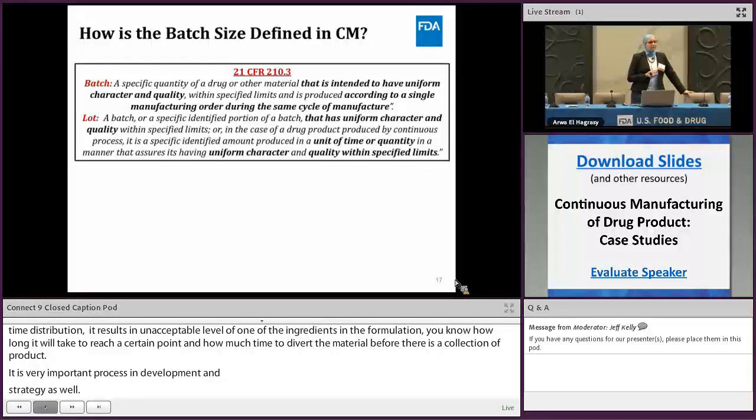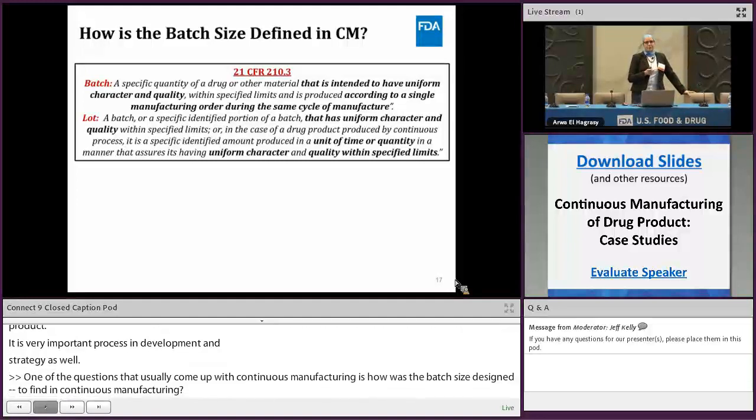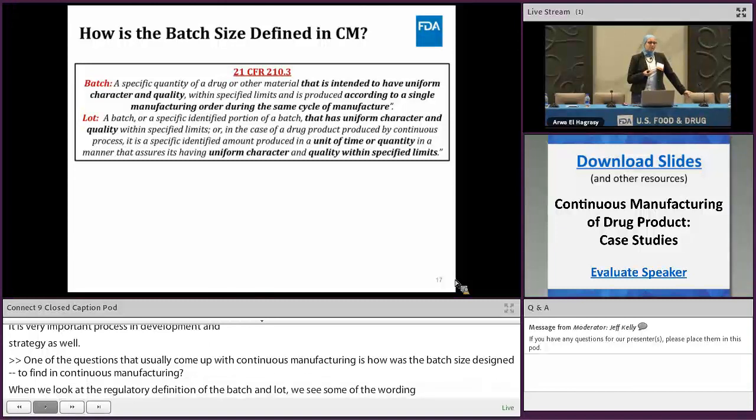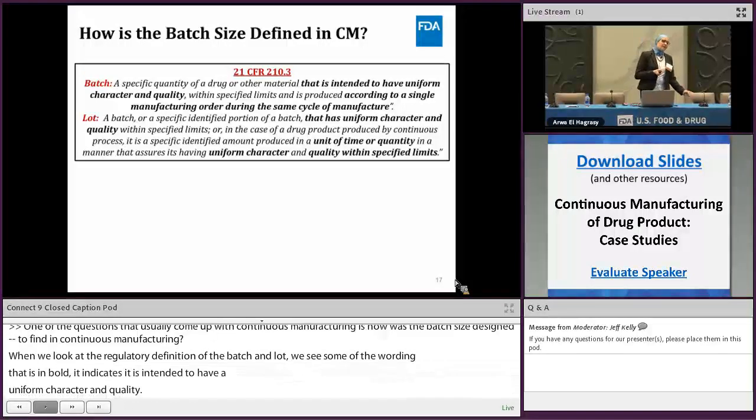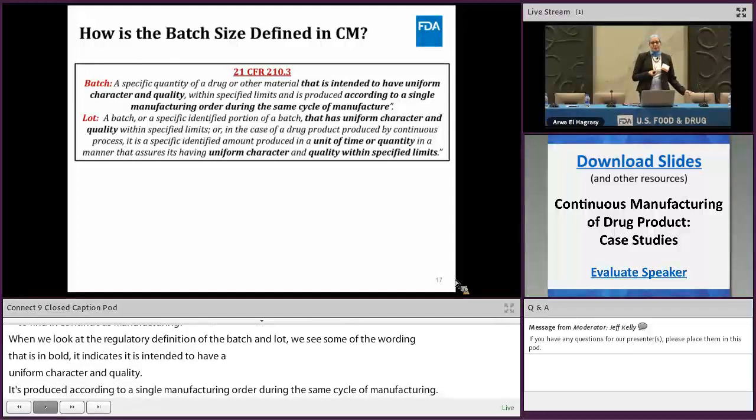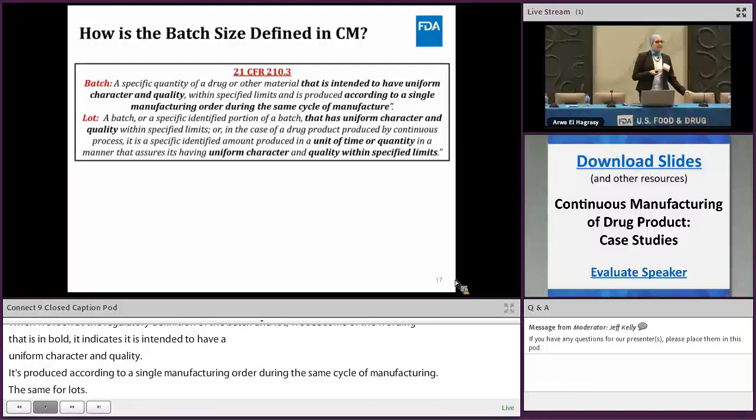And when we look at the regulatory definition of a batch and a lot, we see that some of the wording that's in bold indicates that it's intended to have a uniform character and quality, and it's produced according to a single manufacturing order during the same cycle of manufacturing. And similarly for lots.